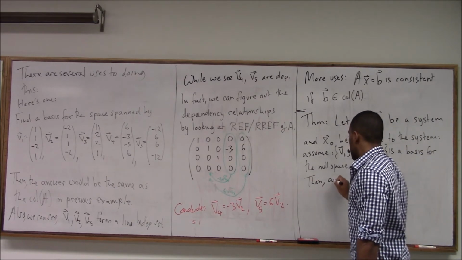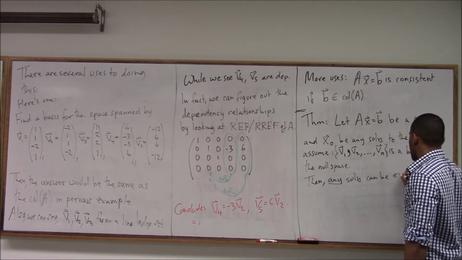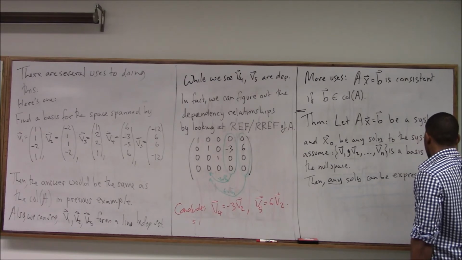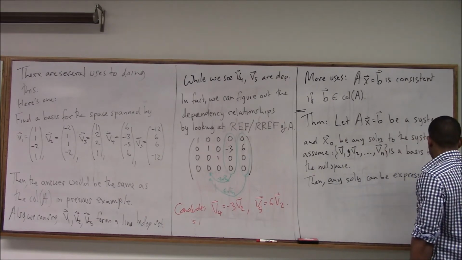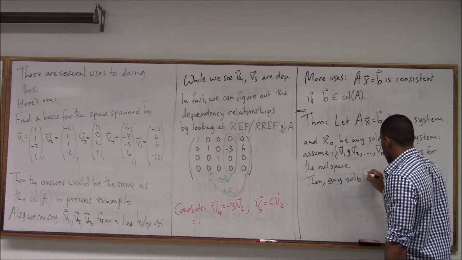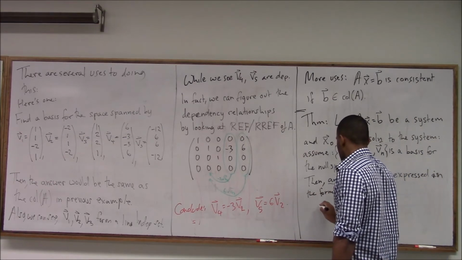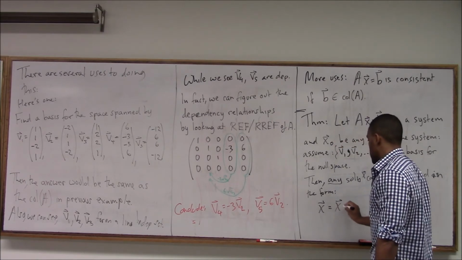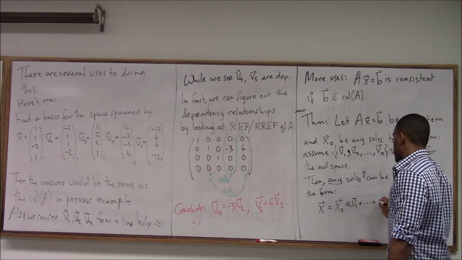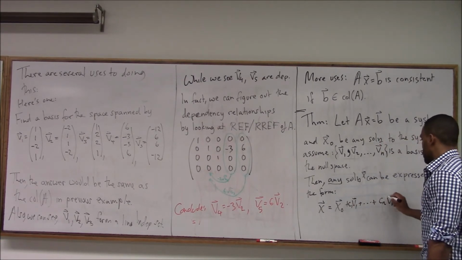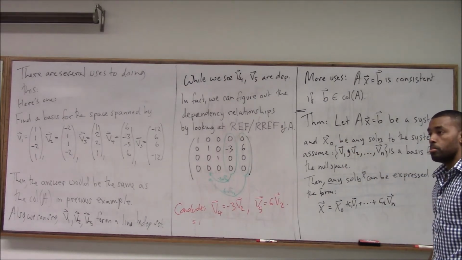Then any solution, let's call it solution X, can be expressed in the form: take that point, and you'd be able to find scalars C1 up to Cn such that any other solution will be that point that you already know is a solution plus a linear combination of the basis for the null space.